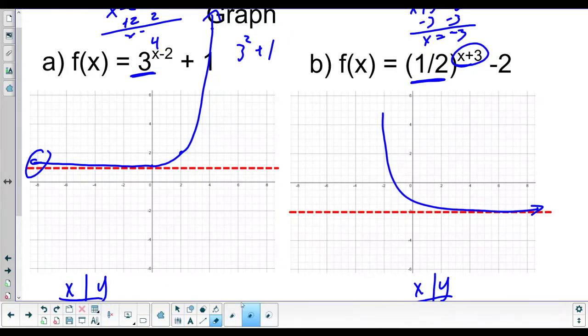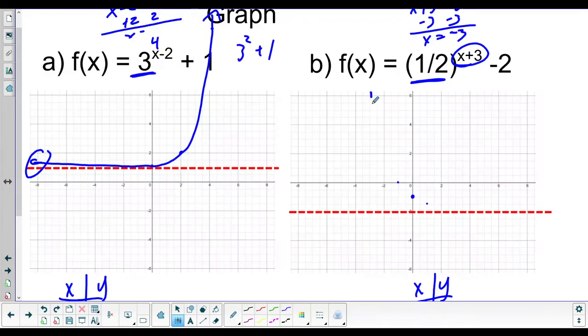Okay. But let me show you maybe some tricks. So in general, your y-intercept will be 1 above your asymptote and then shifted however. So our graph is going to look probably something like this.